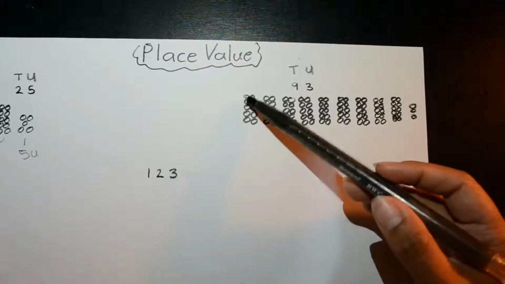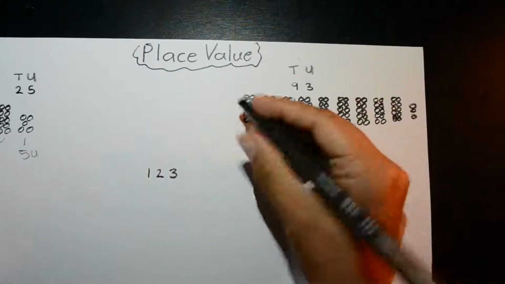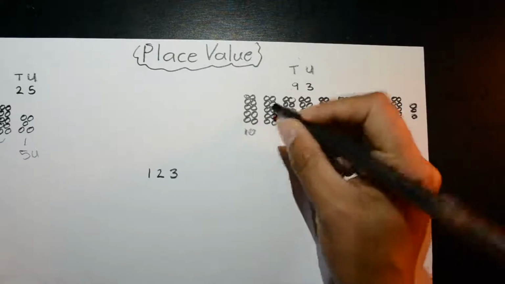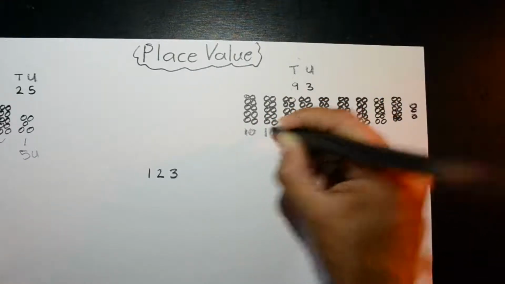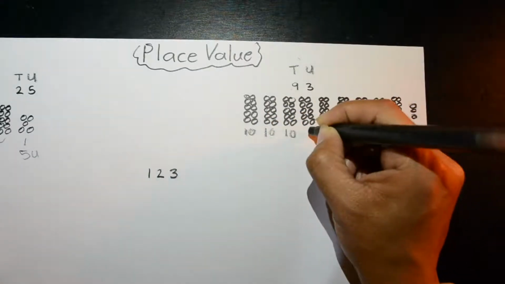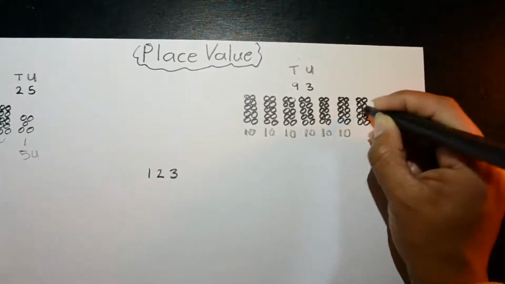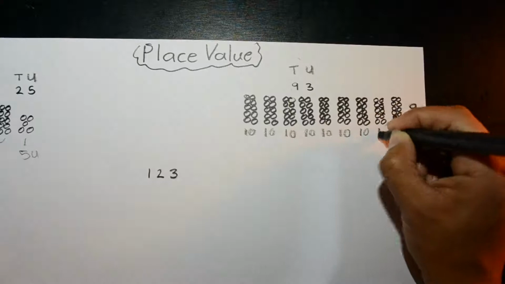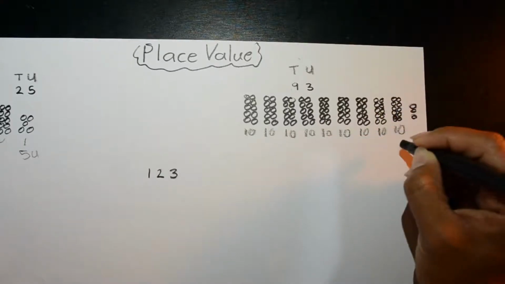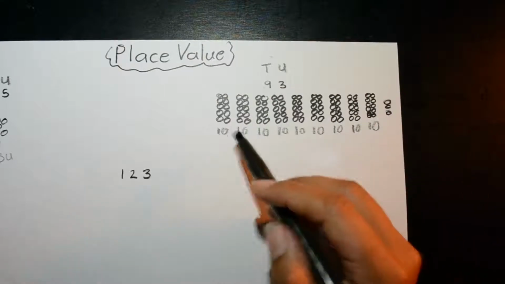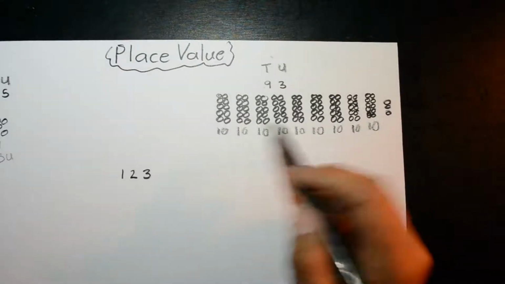And remember, inside this 1 ten, how many is inside there? There's 10. And inside this one, there's also 10. 10 pieces here, 10 pieces here, 10 pieces here, and here, and here. So altogether, if I count all of these pieces, what would we be counting in? We'd be counting in 10.